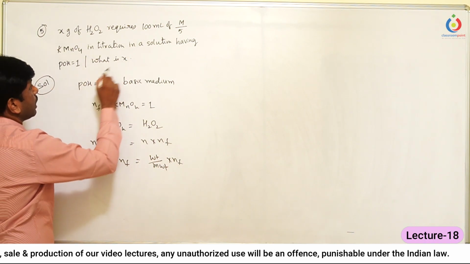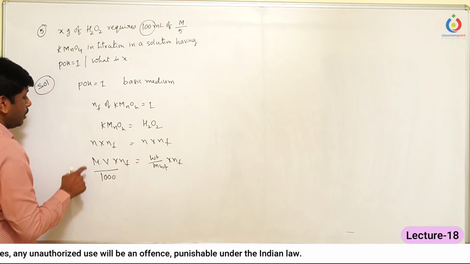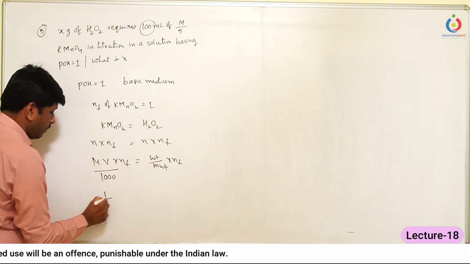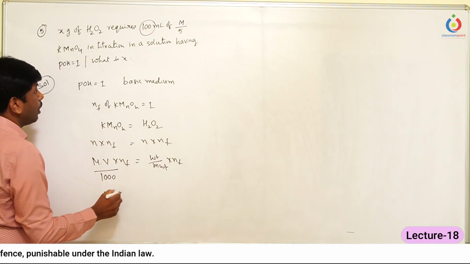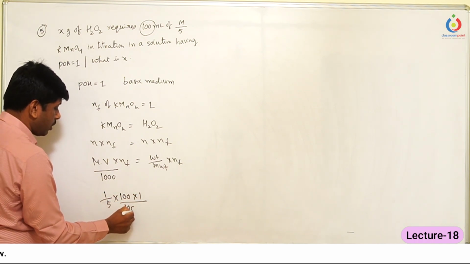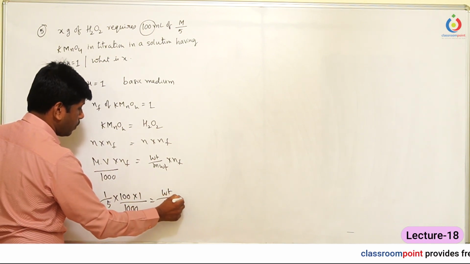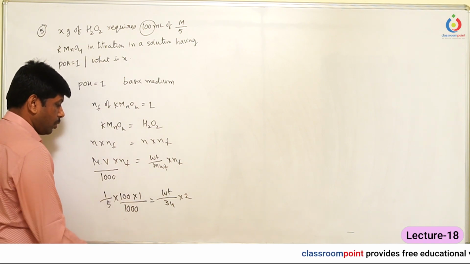Here the volume of the KMnO4 is given in milliliters, so divide by 1000. The molarity of the KMnO4 is given as 1 upon 5, into volume 100, N factor value 1, divided by 1000, equals weight, which we don't know, over molecular mass 34, into N factor value 2.